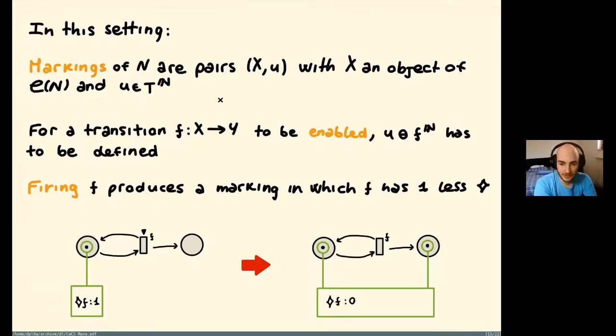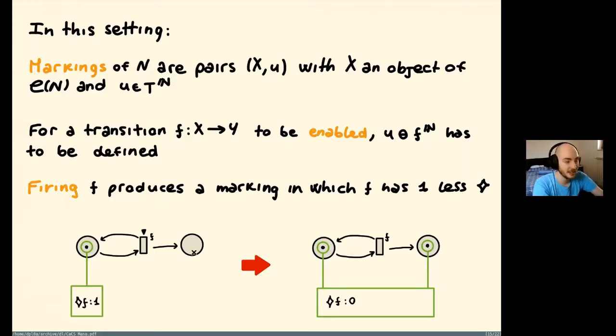So for a transition to be enabled in this framework, on top of being enabled in the underlying net, you also need for this multiset difference to be defined. And firing a transition just produces a marking which has one less mana.